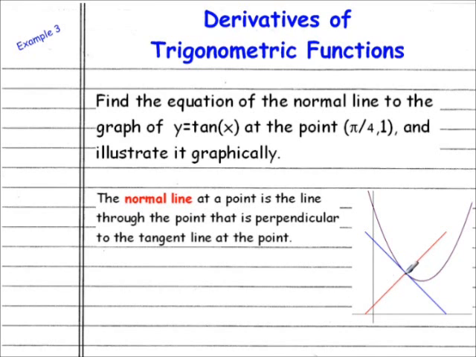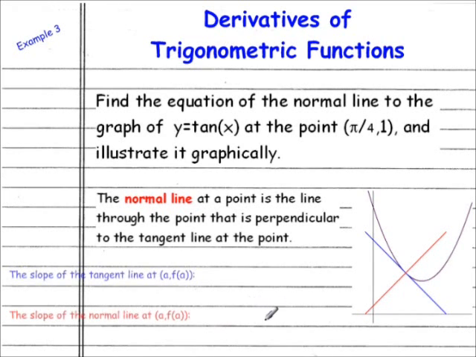Suppose this is the point in question. So we're interested in the normal line at that point. Well, the normal line is this red line. That is, it's the line that's perpendicular to the line of tangency there, the tangent line at that point. So that gives us an idea of what we need to be thinking about.